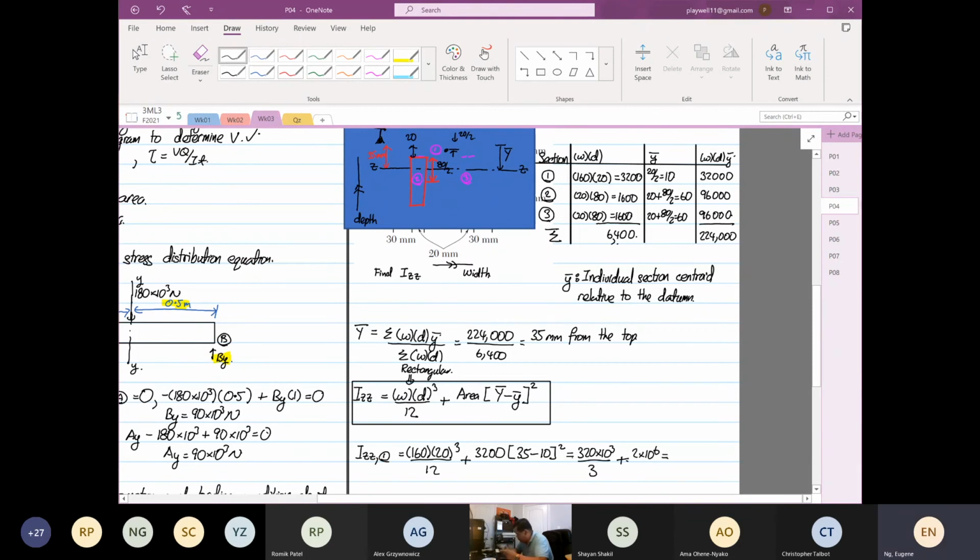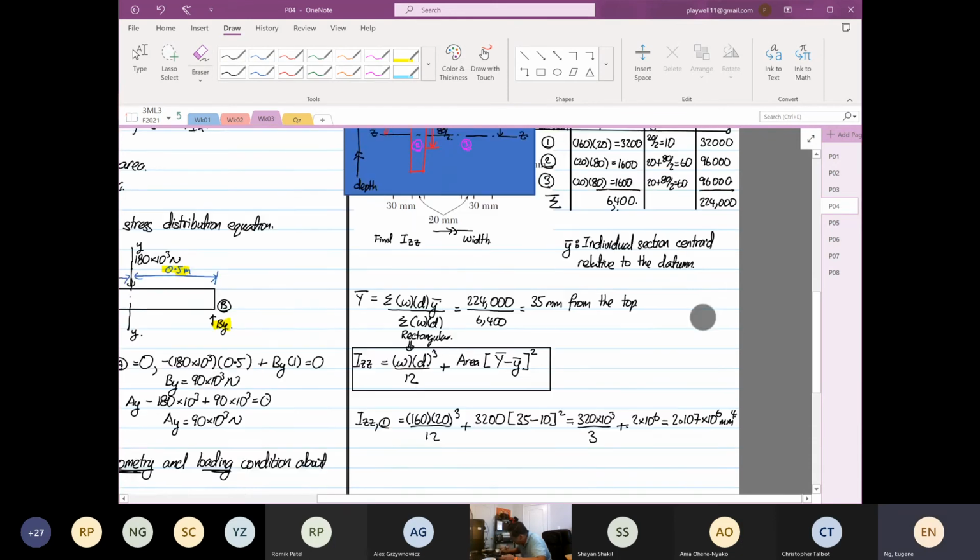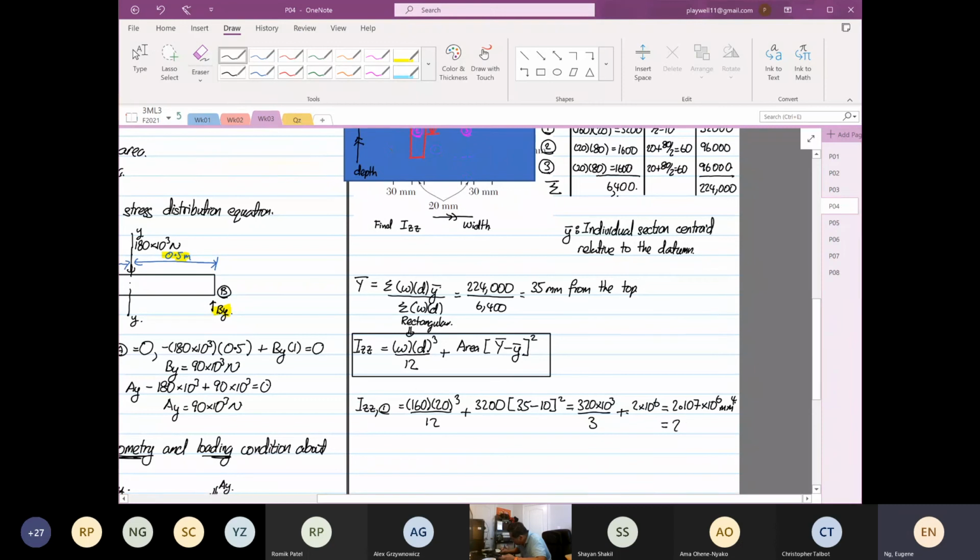So this is 320 to the power 3 divided by 3 plus 2 to the power 6, equal to 2.107 times 10 to the power 6 millimeter to the power 4. This is equal to 2.107 times 10 to the power minus 6 meter to the power 4. Change everything to meters.